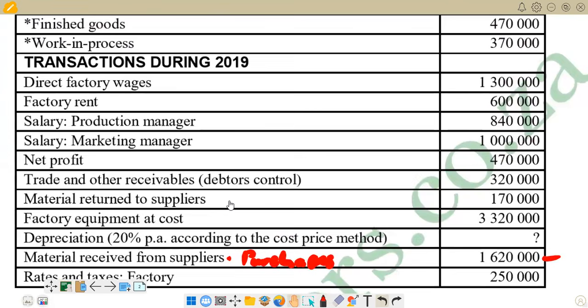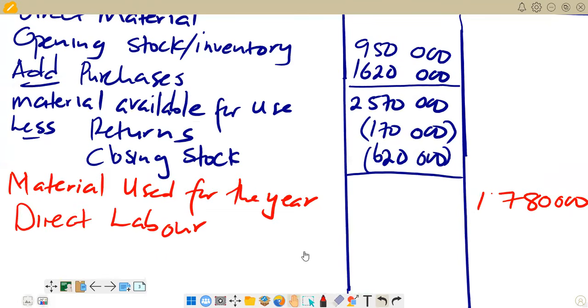For direct labor, we are given this figure, which is written direct factory wages. So this is the direct labor that we have in the present, which is 1,300,000. So we go back there to put that one. Now we have the material and the labor, so we can add the two to get the prime cost.